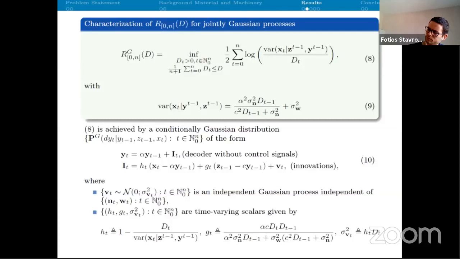The most challenging part is to find the deterministic coefficients in the innovation, HT, GT, and the variance of the independent Gaussian noise process. These values are given at the bottom of this slide.